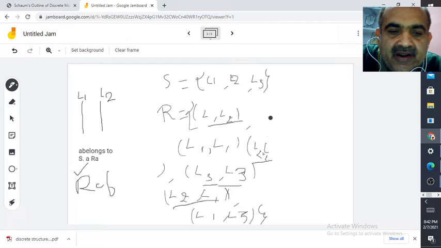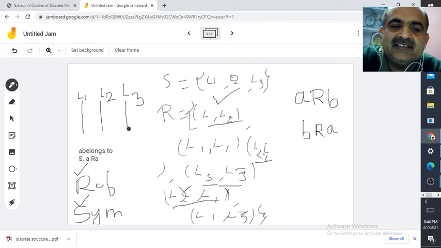These ordered pairs (L1, L2) and (L2, L3) will be there in the relation. Then definitely in our parallel relationship, if L1 is parallel to L2 and L2 is parallel to L3, then L1 will be parallel to L3. This ordered pair will be in our relation. So hence we can say that it is transitive also.